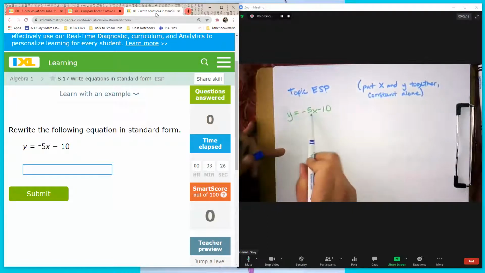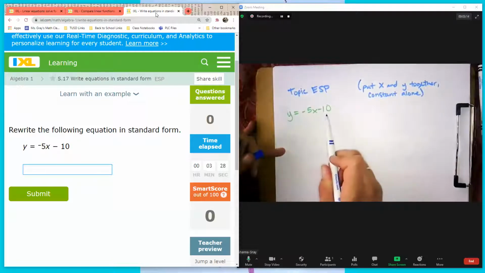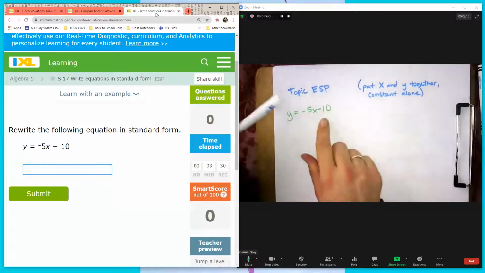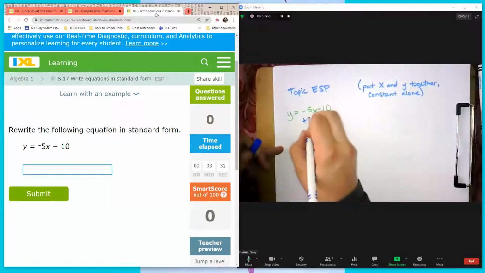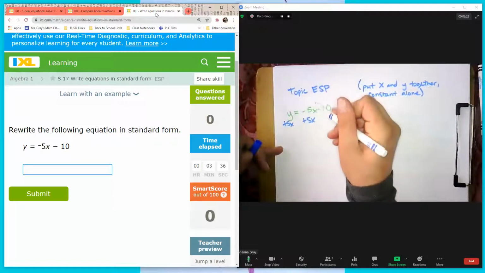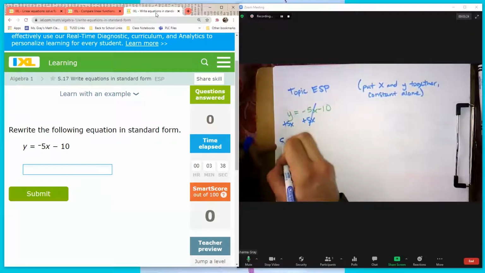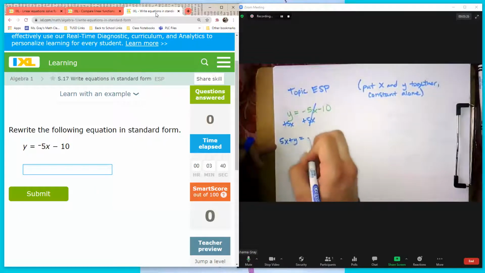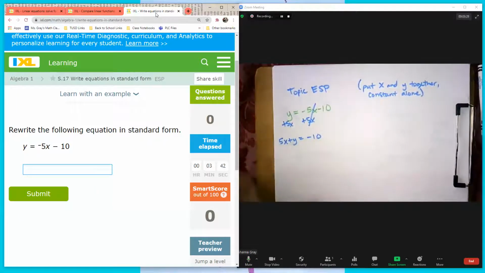So x and y are here. I need to have them together on the same side, and that's my constant. So I'm going to leave that here by itself. So let's add 5x, because the opposite of negative 5x is to add 5x so that they cancel. And then this becomes 5x plus y equals negative 10.